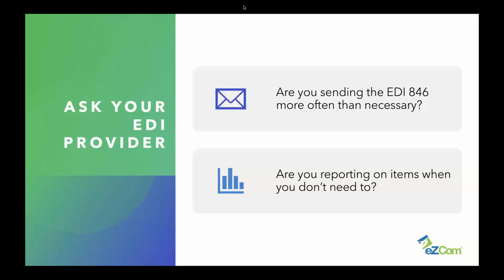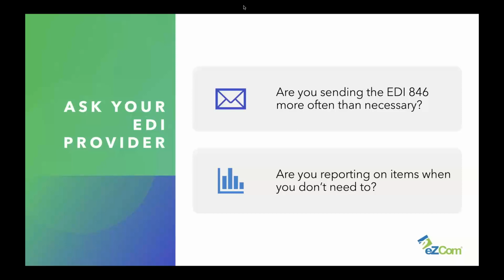As mentioned earlier, different retailers have different frequency requirements. It's important that you understand them, not only to remain compliant, but as a tool in reducing cost. If you're used to sending your inventory feed 3 times per day, but you didn't need to because number 1, the retailer only requires it once per day, and 2, you have plenty of stock remaining, wouldn't you want to know?